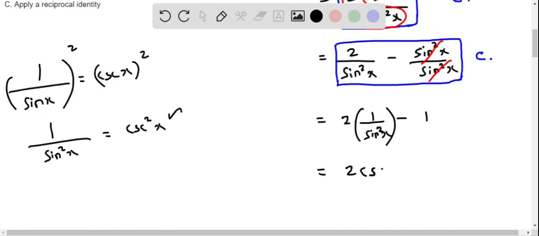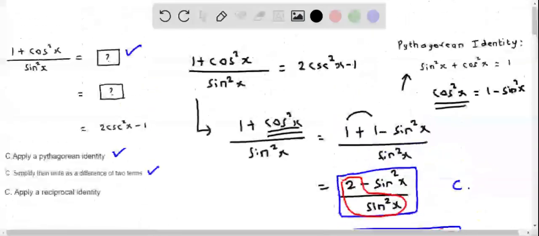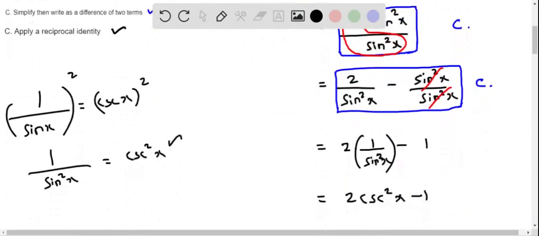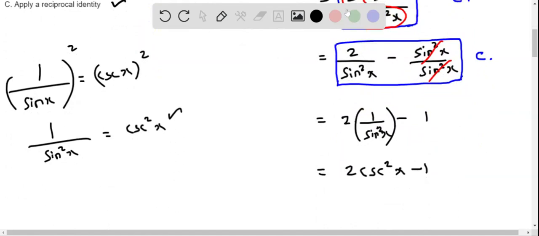So this becomes 2 cosecant squared x minus 1. So we have proved the identity. That is, we got the expression on the right, 2 cosecant squared x minus 1. This answers the last part. Here we have applied the reciprocal identity. So this is the answer for the last box, or the last step.